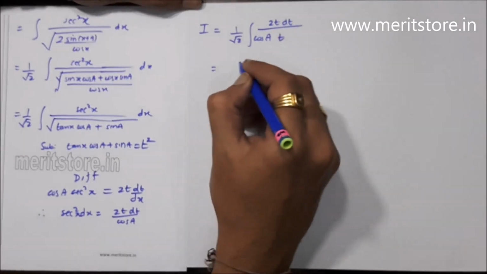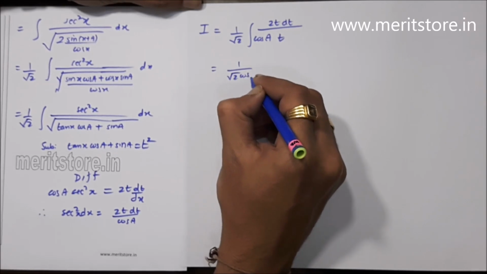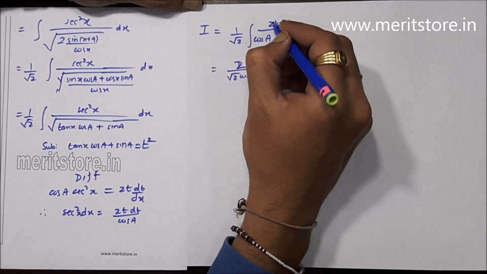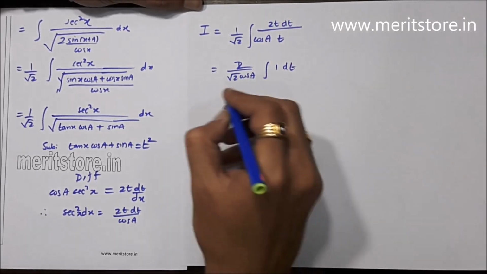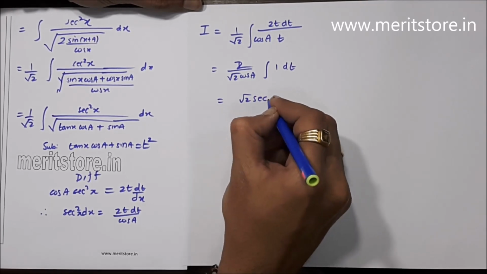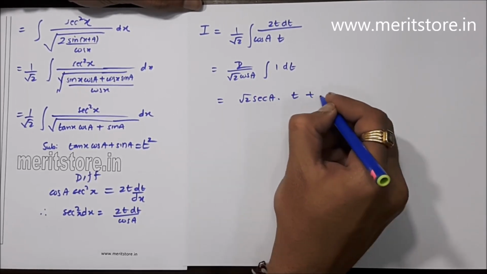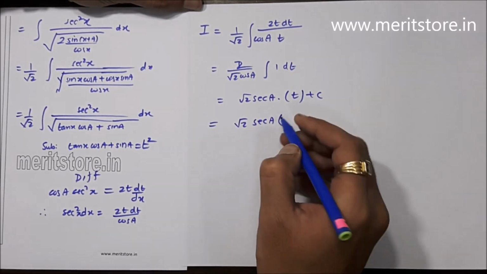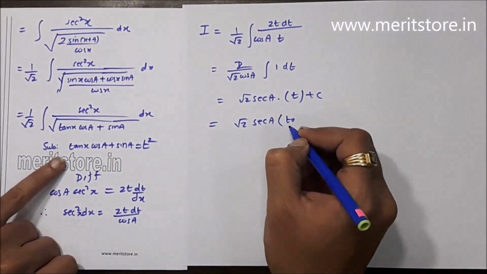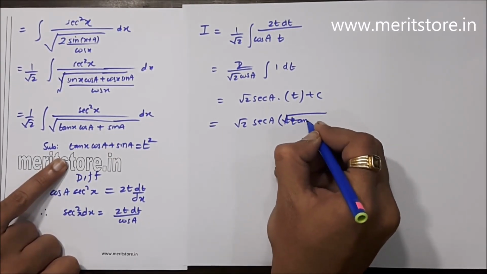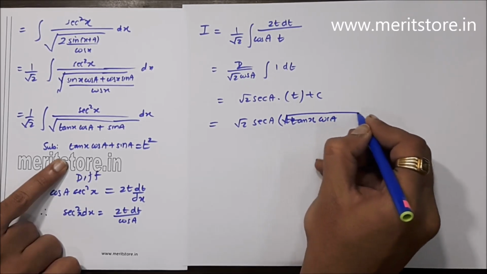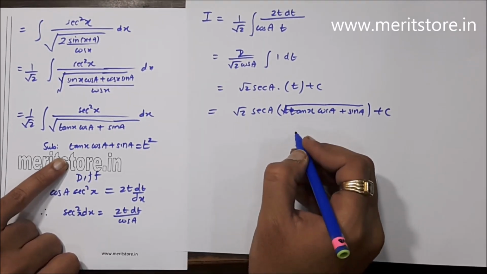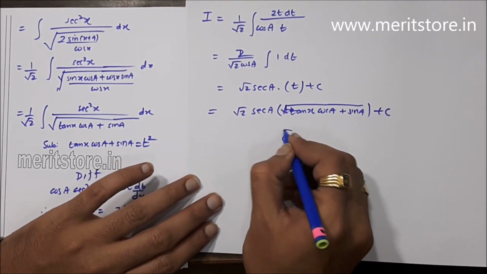Cancelling the t, 1 upon root 2 cos a is outside the integral, the 2 jumps out, and now I am left with integral of 1 dt, which is nothing but root 2 sec a into t plus c. Resubstituting the value of t, this is root 2 sec a brackets root of tan x cos a plus sin a plus c, which is nothing but our option C.